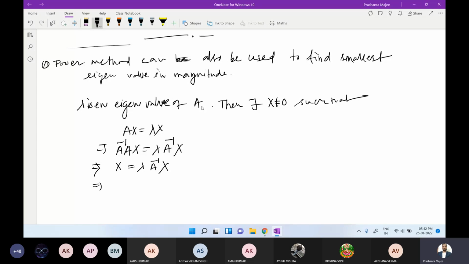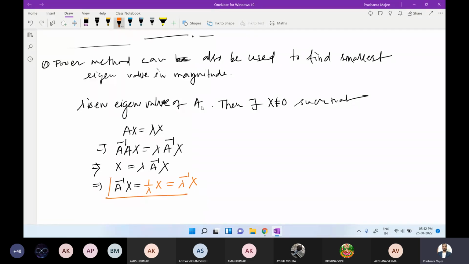So in other way, if you write, A inverse x will be lambda inverse x. So it is 1 by lambda into x, which is lambda inverse into x. So what is the meaning of this last line?